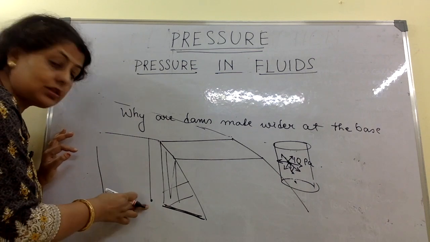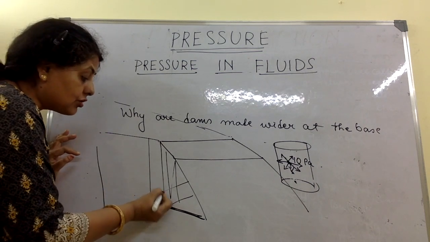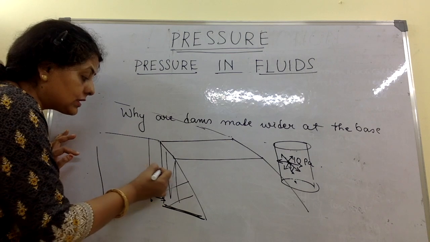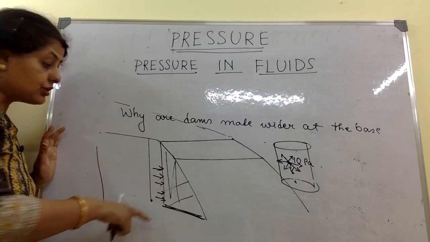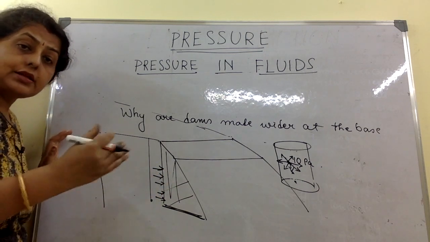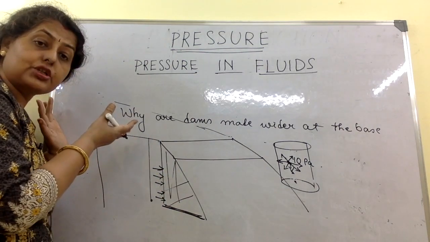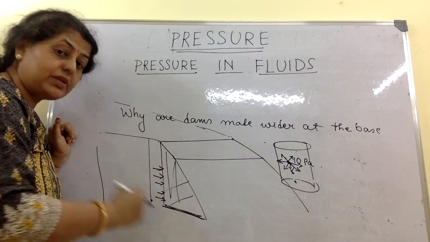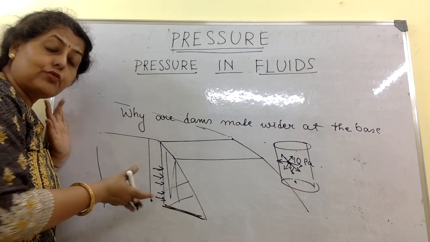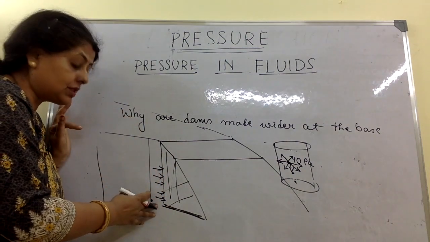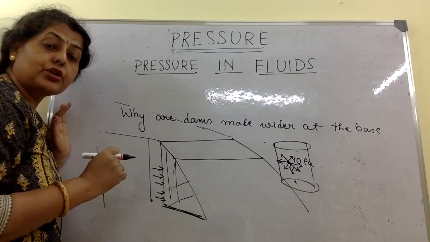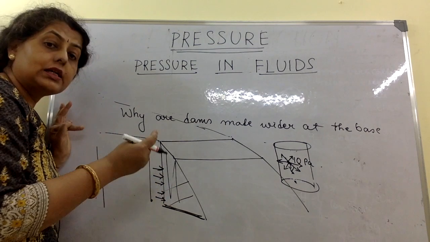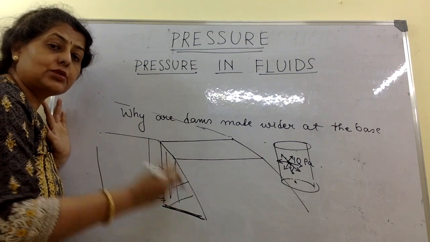So pressure is not only working down, but it is also working on the walls of the dam. So this part of the dam is under tremendous pressure because of this huge collection of water. If you don't make it wide and strong enough, when the water collection is very high, this pressure is very high, and the dam is going to crack, break, and the whole dam is going to collapse.